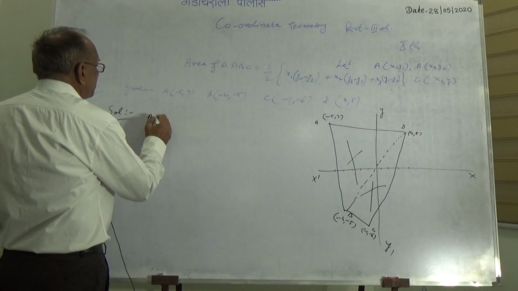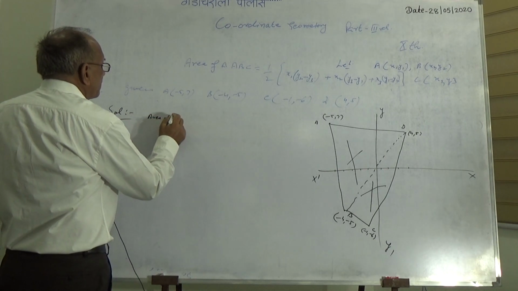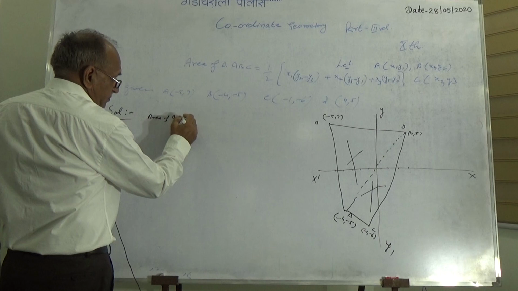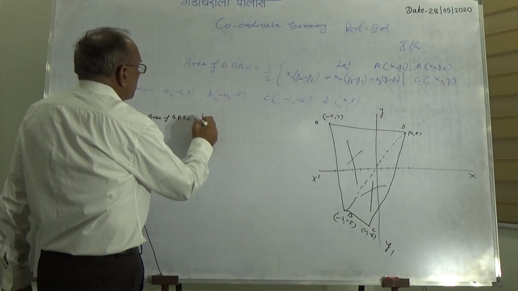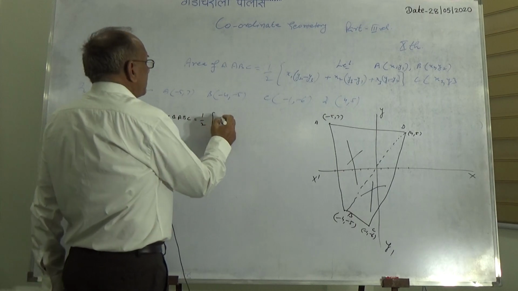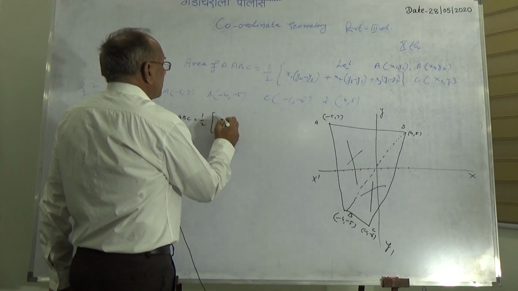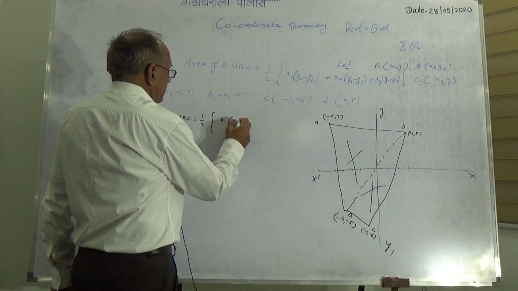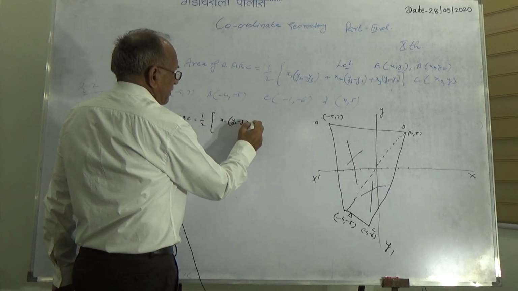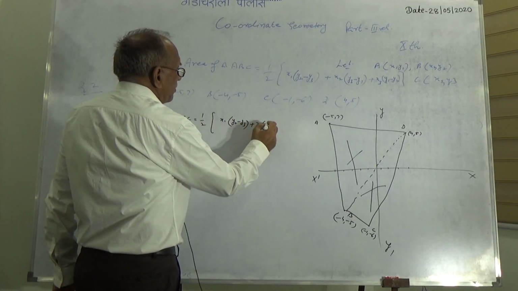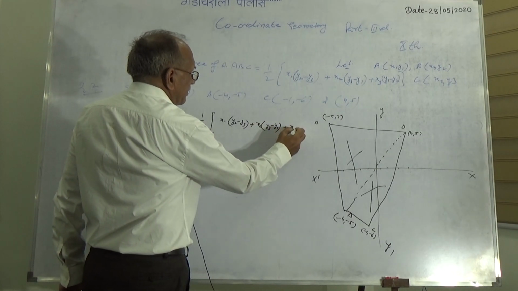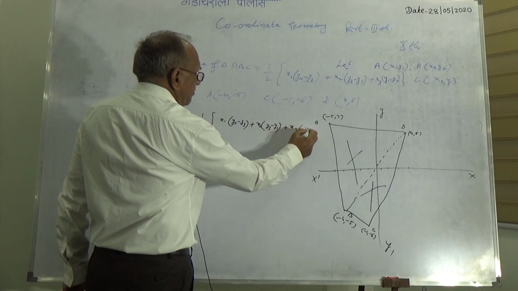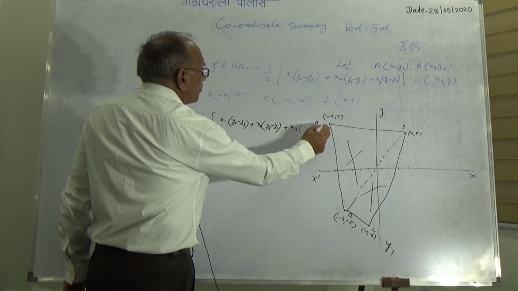Therefore, area of triangle ABC is equal to 1 by 2 [x1(y2 minus y3) plus x2(y3 minus y1) plus x3(y1 minus y2)].